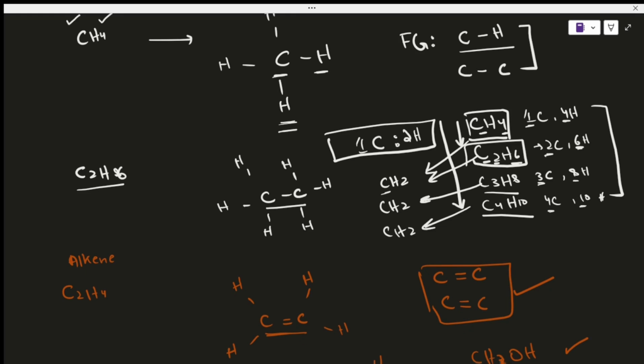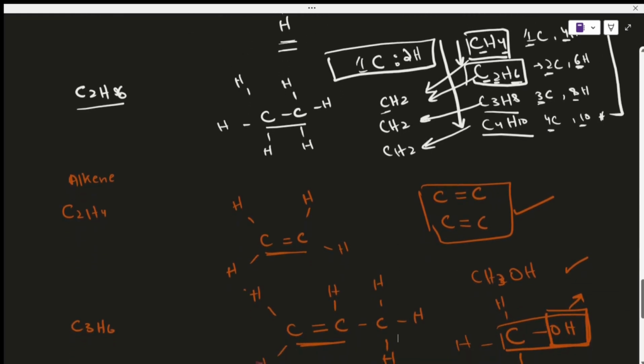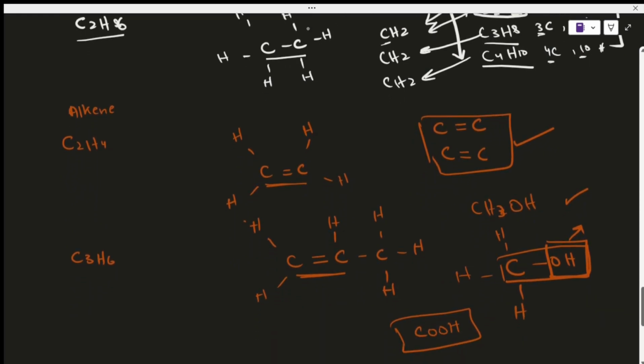And this actually happens in all of the homologous series. Even in alkenes it is the same. Here you have C2H4, which is 2 carbons, 4 hydrogens. Then C3H6, C4H8.